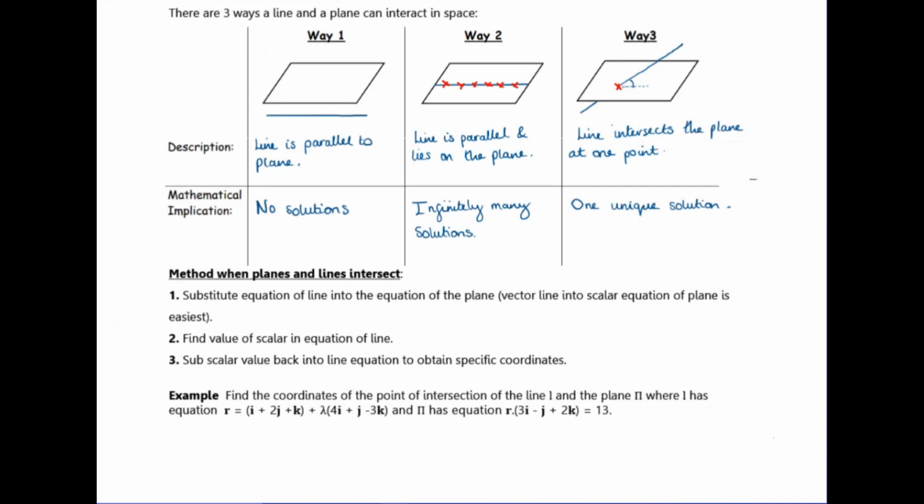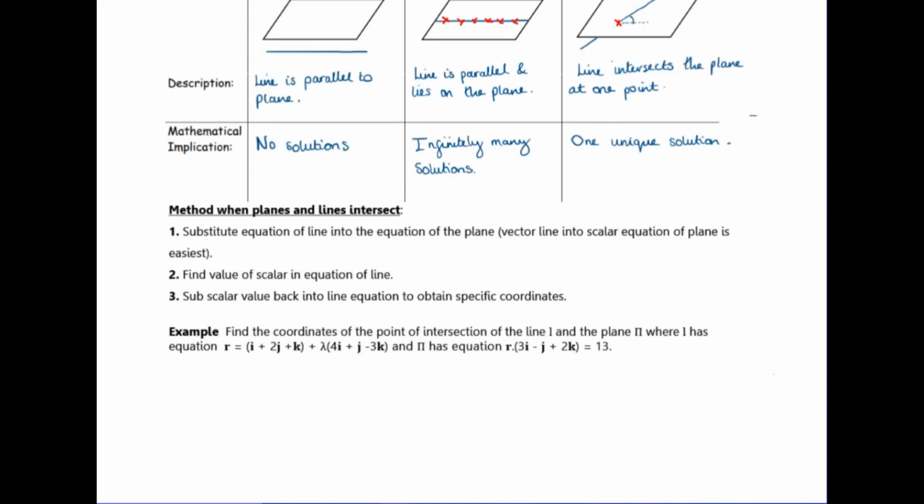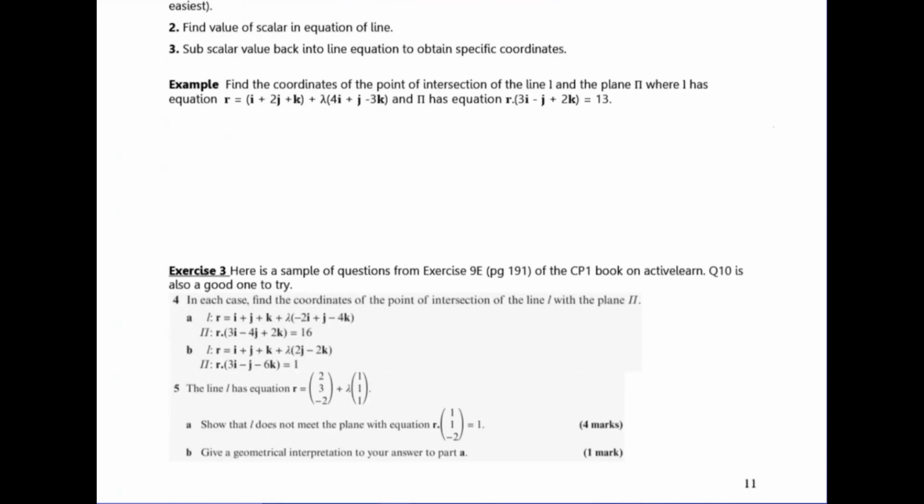So in the example here, we've been given an equation of a straight line: (1, 2, 1) plus lambda times (4, 1, -3). Now I've got the equation of the plane in normal form. It's easiest if it's in scalar product form or normal form like that. What we're going to do is substitute the equation of the line into the equation of the plane.